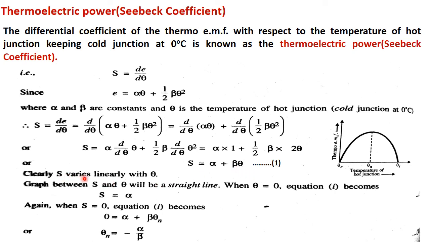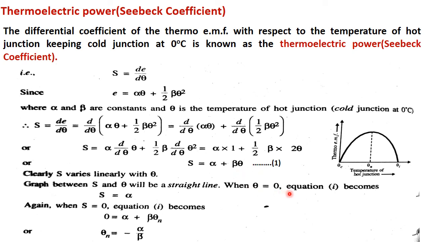That means clearly S varies linearly with θ, and we know that the thermo EMF varies with the temperature. The graph between S and θ will be a straight line because it represents the same equation as that of a straight line.